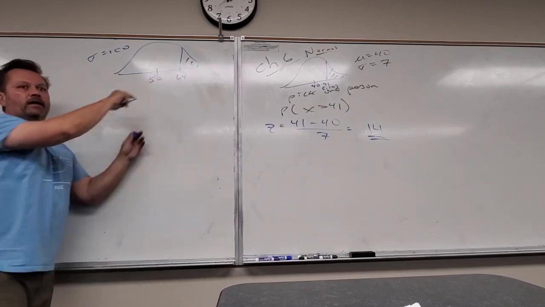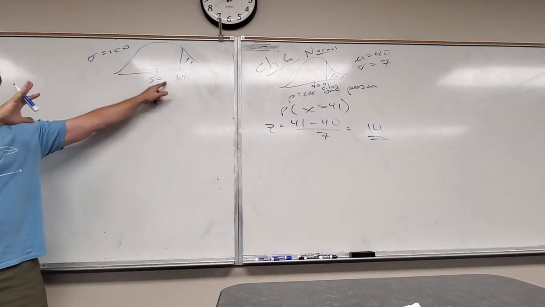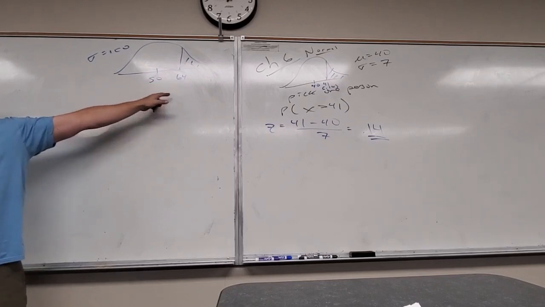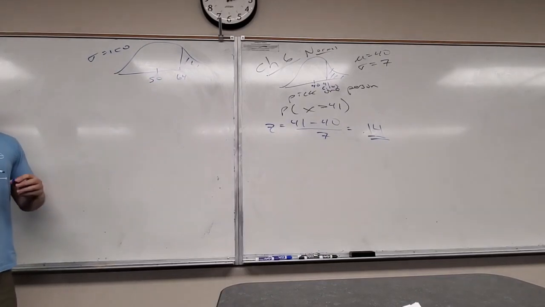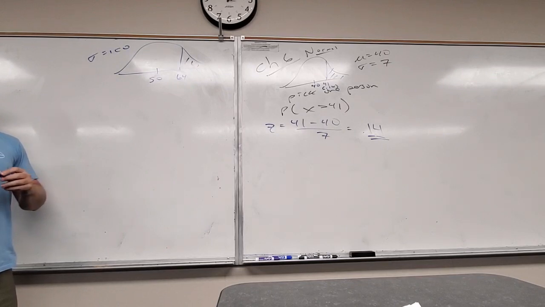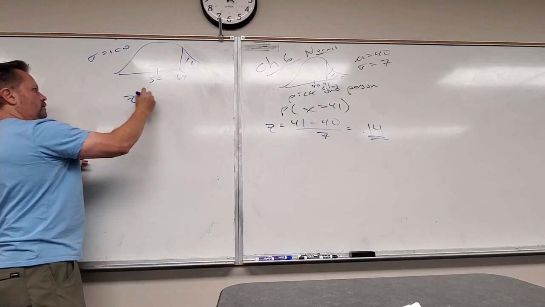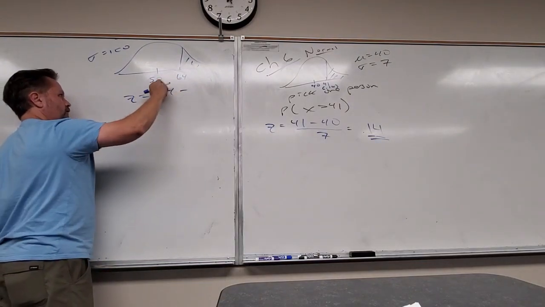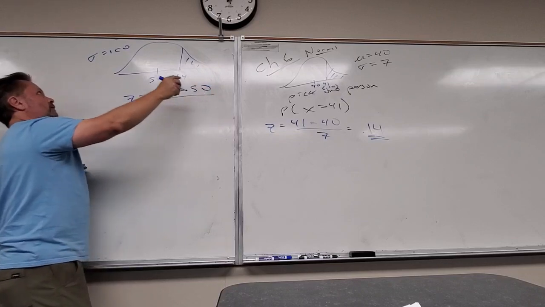What's the z-score? On a little side note, what's the z-score for this 64? Can you change that into a z-score? The z-score would be 64 minus 50 divided by 100.